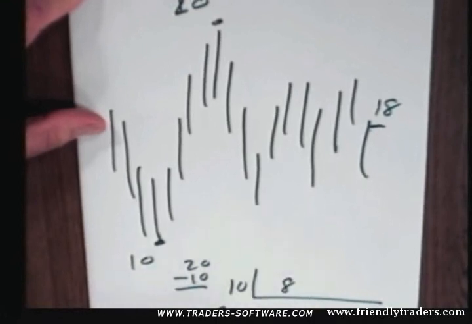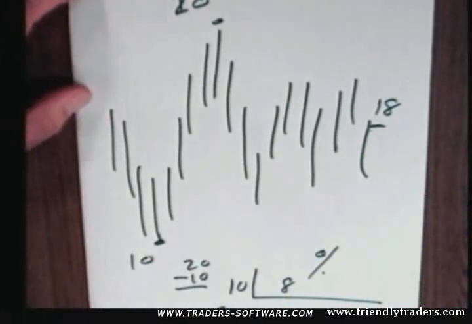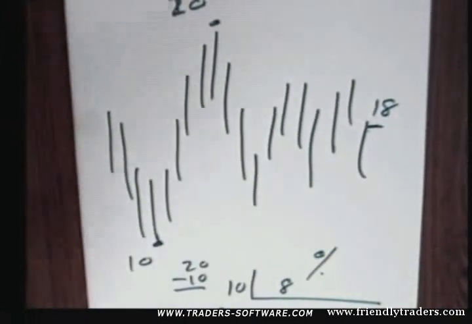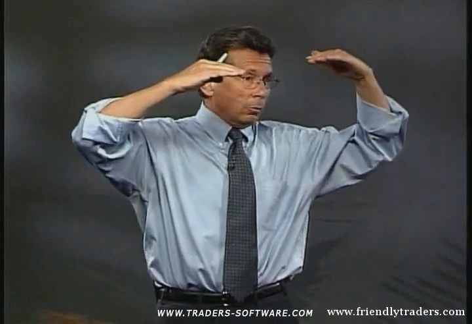If I divide 10 into 8, that gives me the percentage of where today's close is within the range of the last 14 days. What I noticed back in 1966 was that if we're way up in that range, we're probably close to a high in the marketplace. If we're way down in that range, we're probably close to a low in the marketplace.